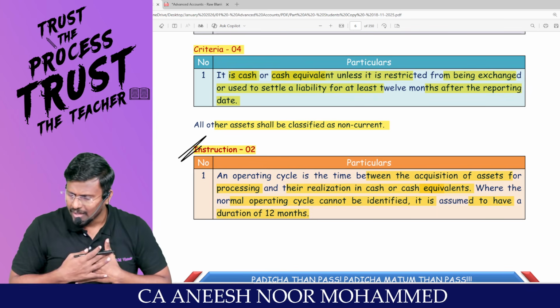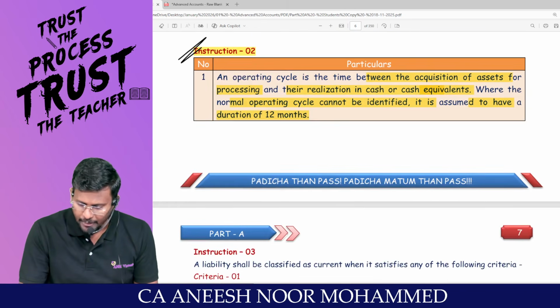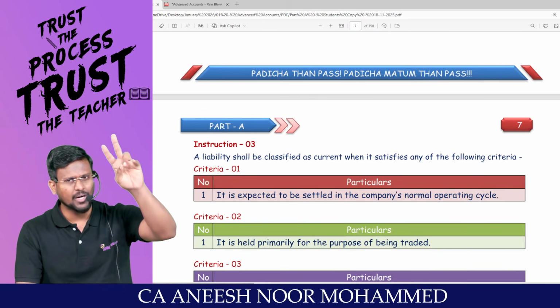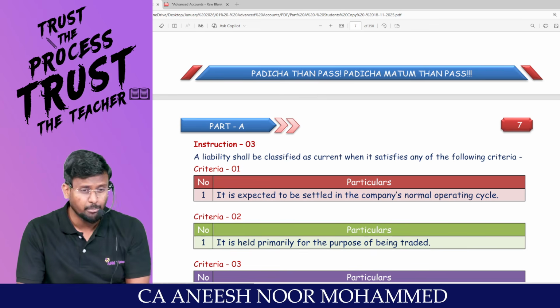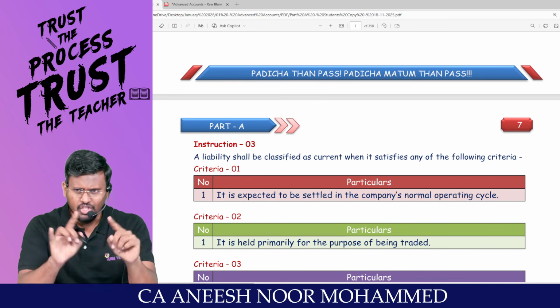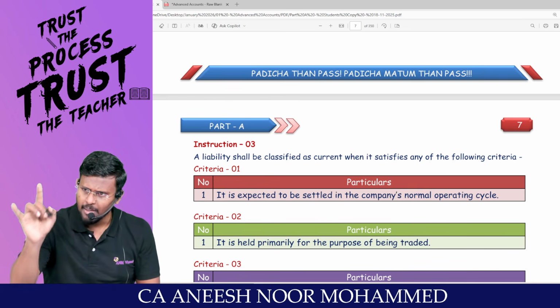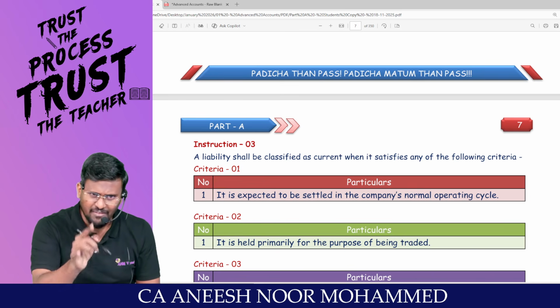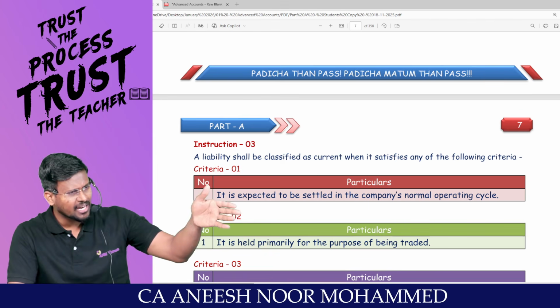We will assume that the duration of that operating cycle is 12 months. This is instruction number 2. This is very important because we are preparing the balance sheet. In the balance sheet, we have two sides, equity and liability, and the asset side. Under the asset side, we have only two items, either non-current asset or current asset.